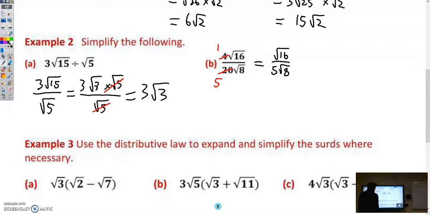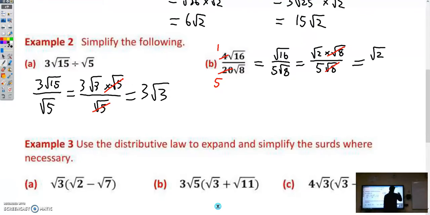Now we're going to look for common factors in the surds. Common factor in root 16 and root 8 will be root 8. You have root 2 times root 8 divided by 5 root 8. Once again, you're going to cancel out your root 8 and your root 8, which will leave you with a final solution of the square root of 2 over 5.